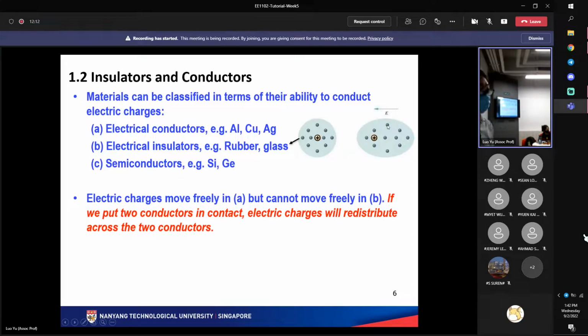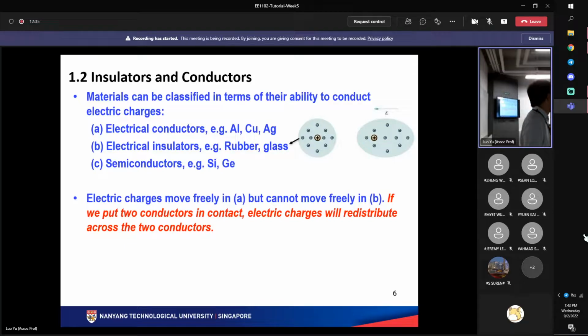You cannot transmit one electron from one atom to another. So if we apply voltage across the insulator, you will not be able to get a current. So you cannot drive a current across it.